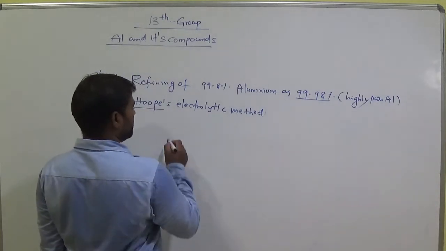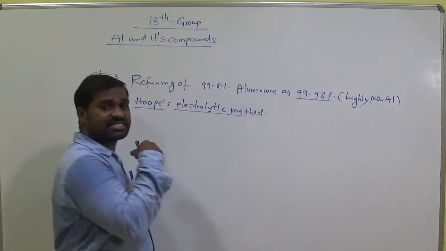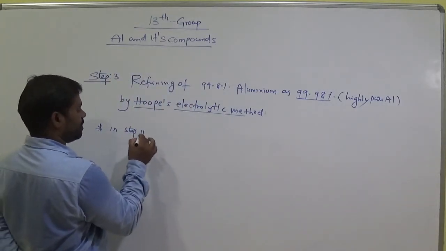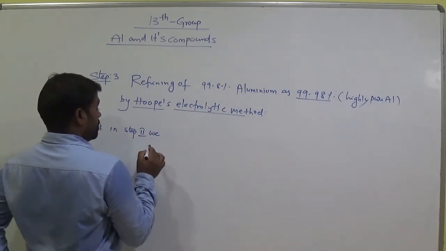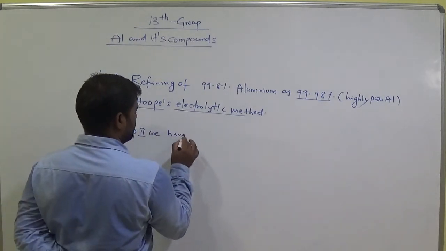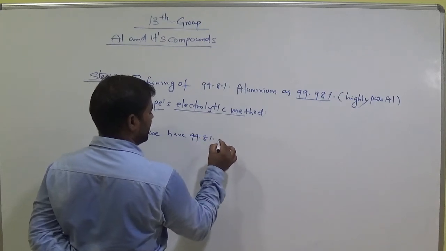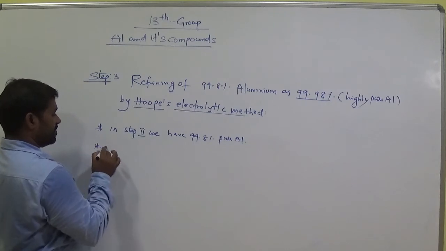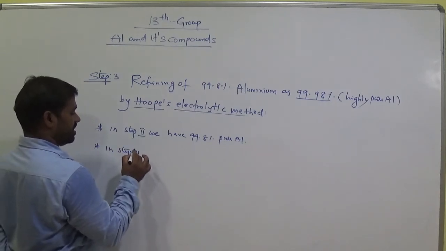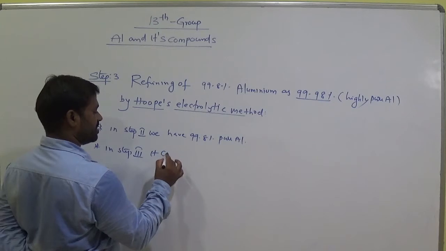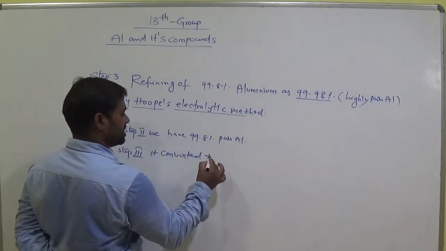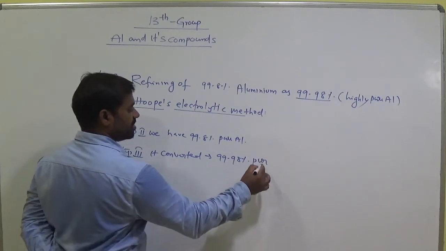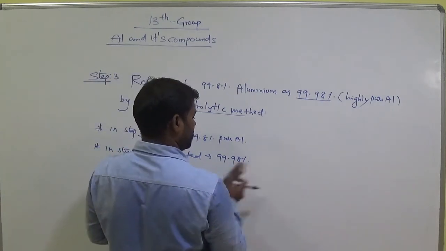Okay, that is step 3, Hoope's electrolytic method. So in step 2 we have 99.8% pure aluminum. Okay, in step 3 it is converted to 99.98% highly pure aluminum.